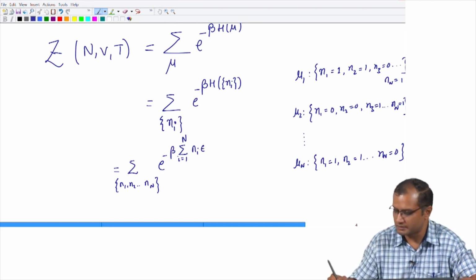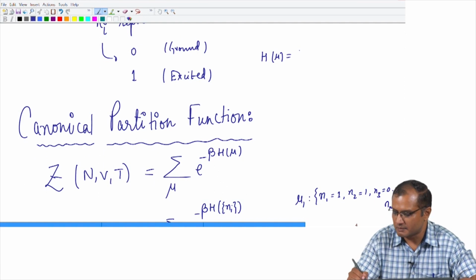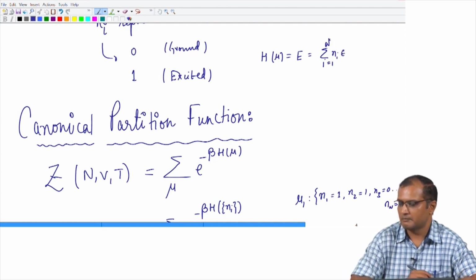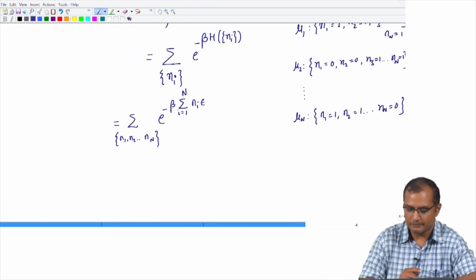If you have forgotten, you can write down the Hamiltonian of a microstate as the energy, which is summation i n_i epsilon. That is what I have written here for the Hamiltonian.